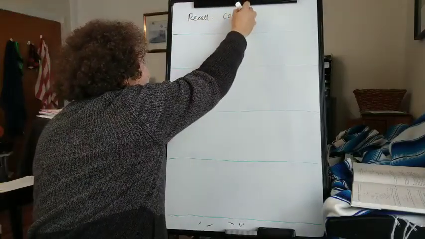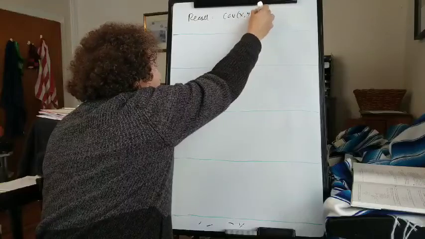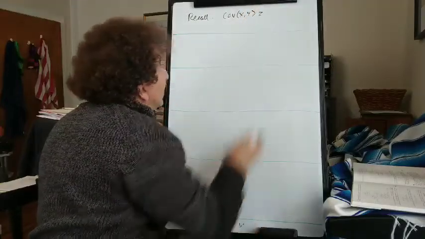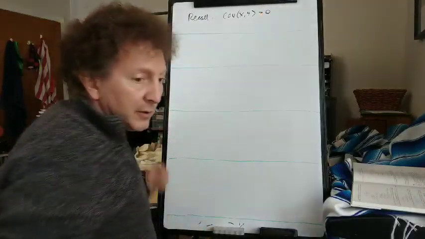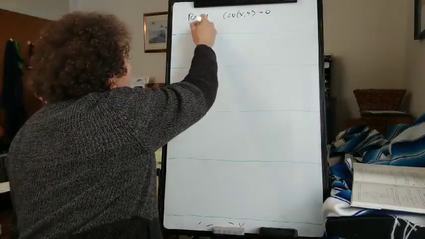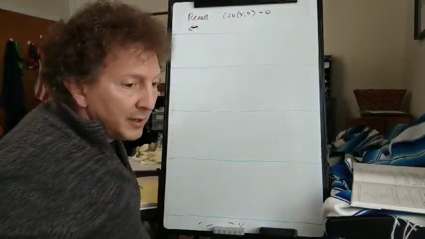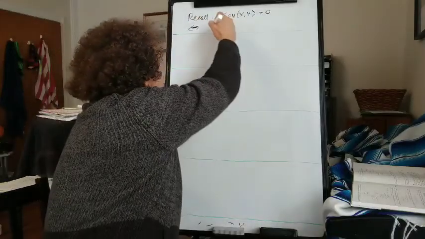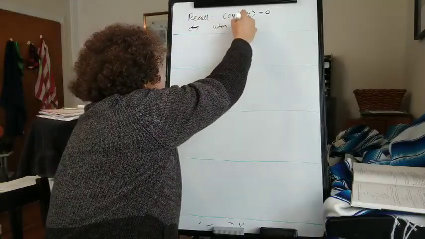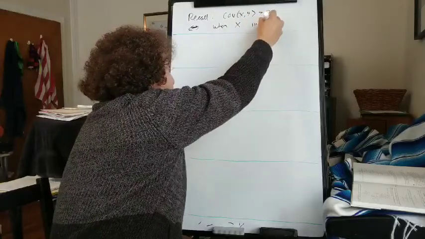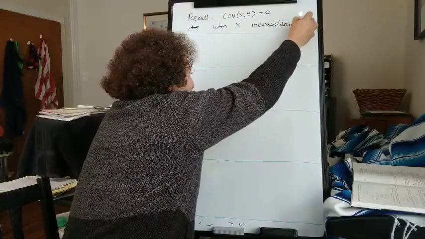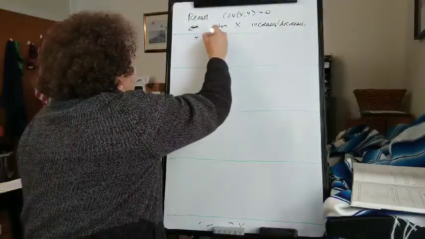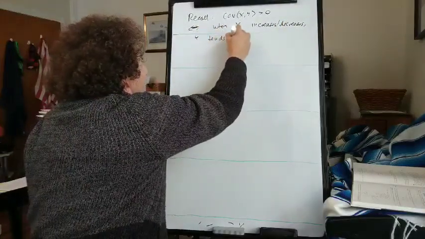If the covariance of two random variables is greater than 0, that means that when x increases or decreases, y tends to do the same.